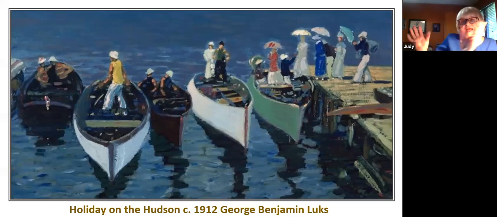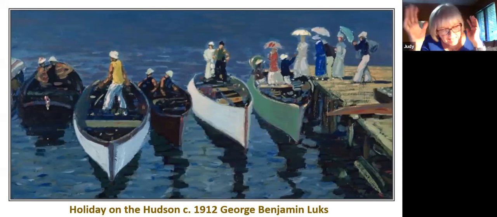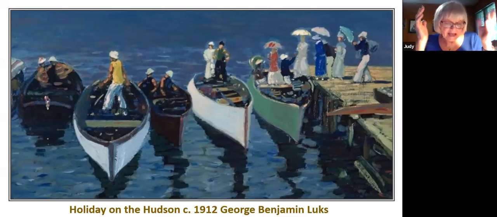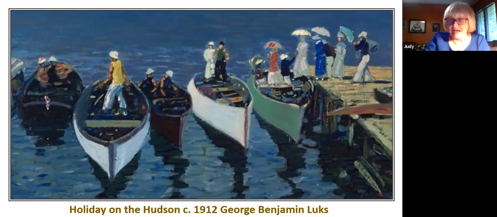Now, while the Impressionists held sway over the art scene, about the same time, a very loosely organized group of artists shared pretty much similar ideas and subject matters that they painted, not necessarily their style. And they became known as the Ashcan School.